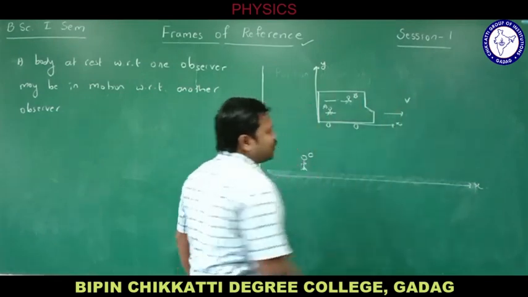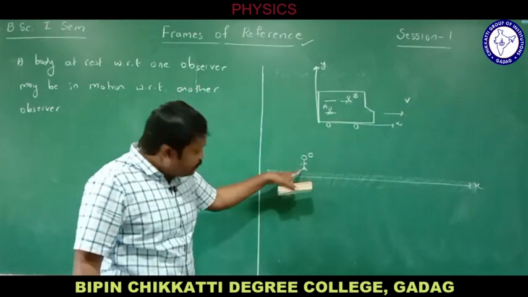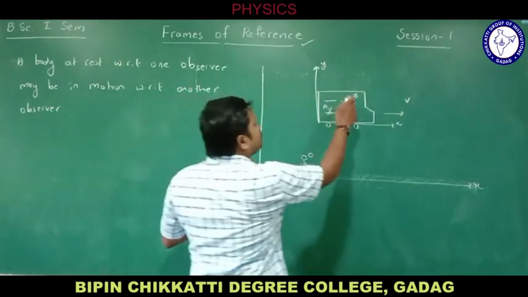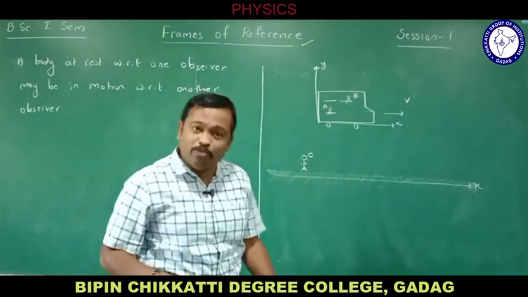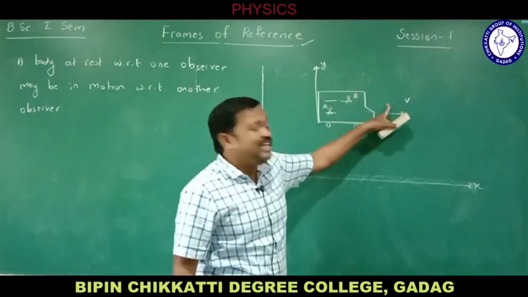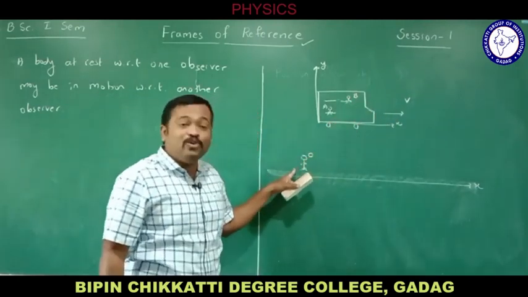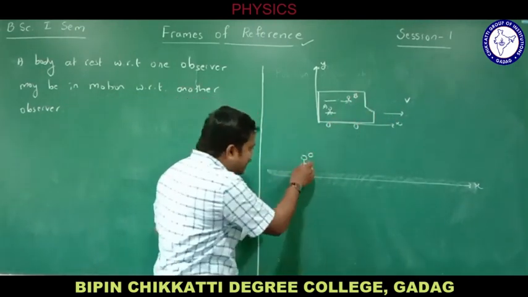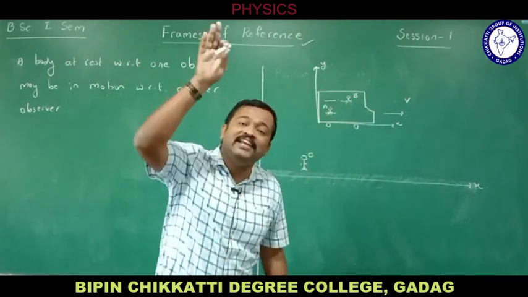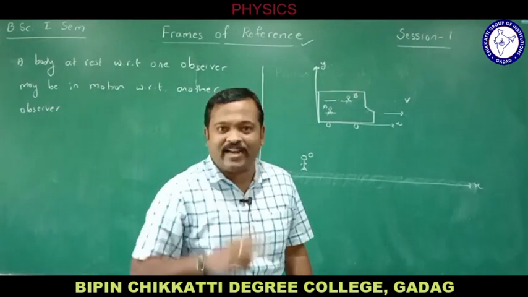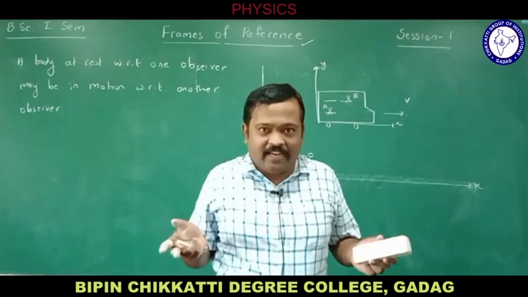This person feels that B is moving from this point to this point when the bus moves. The position of B is changed with respect to observer C, and C says that B is in motion. A says that B is at rest. Did you understand? Now we have two frames here.